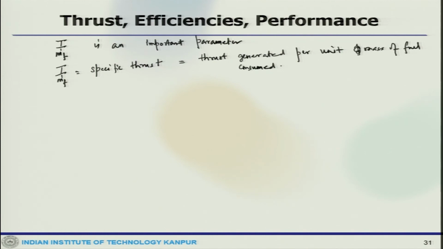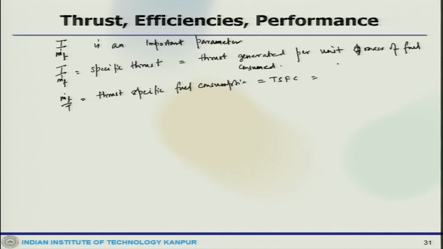Now, the reverse of it, which is m dot by T, is called the thrust specific fuel consumption, that is TSFC.